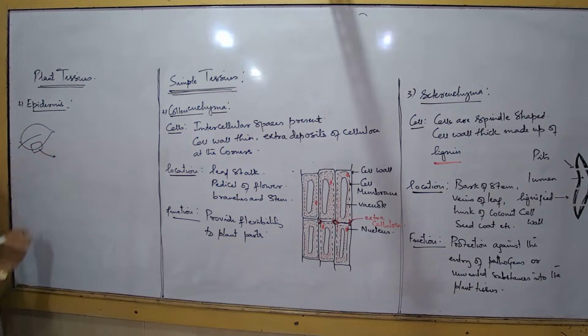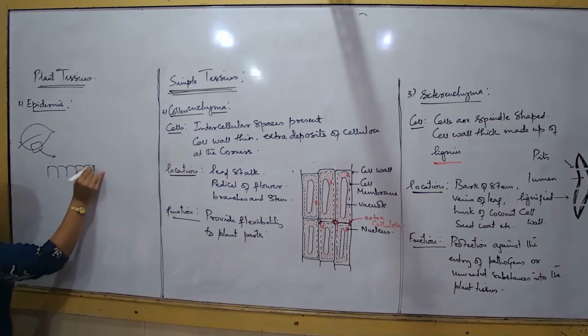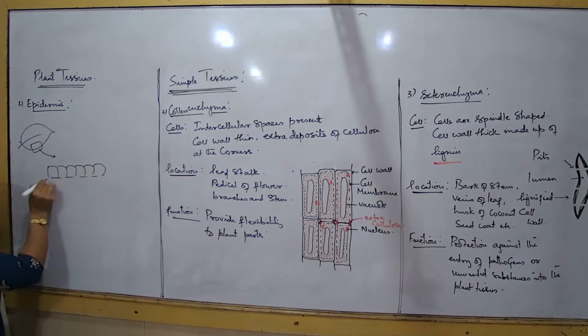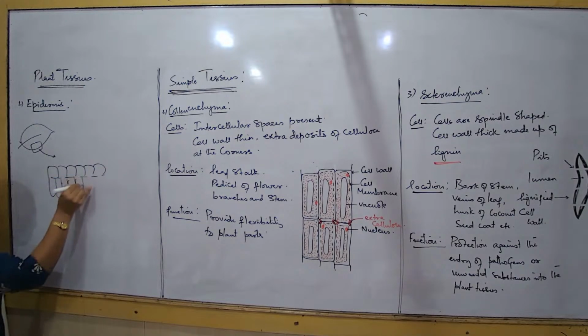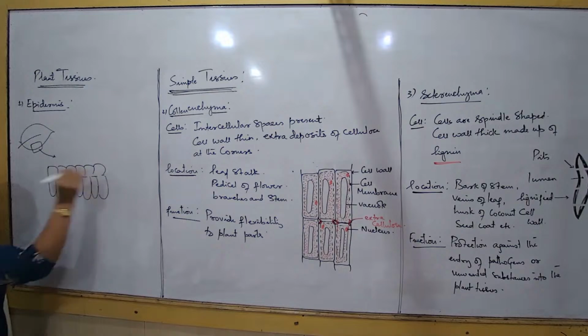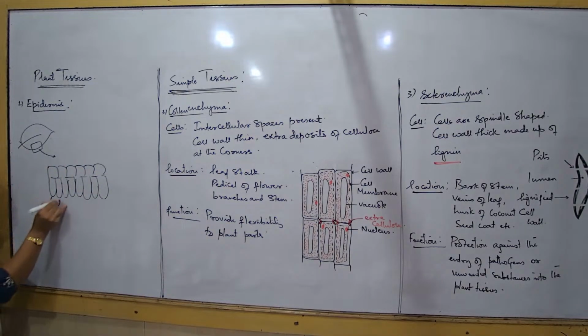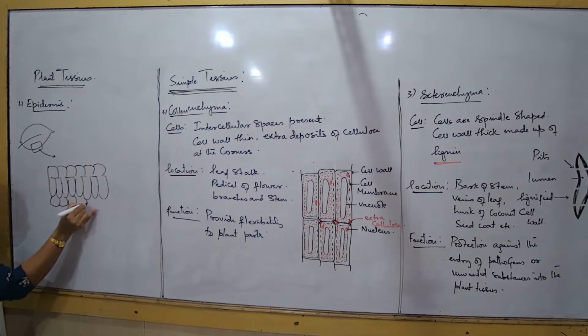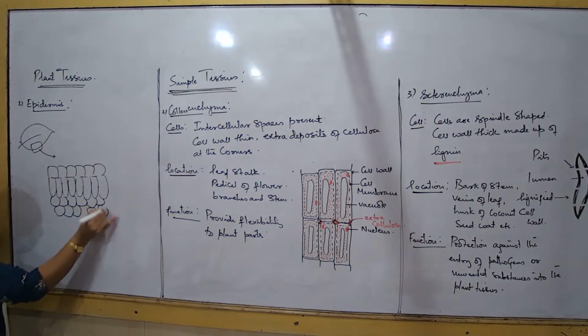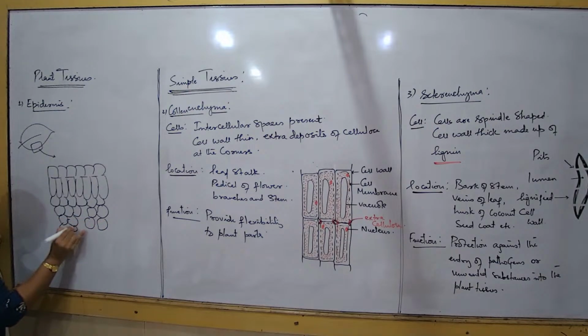Take a section of this leaf. How would it appear? The leaf is known to have many layers of cells like this, and at the end again there is a layer of epidermis.